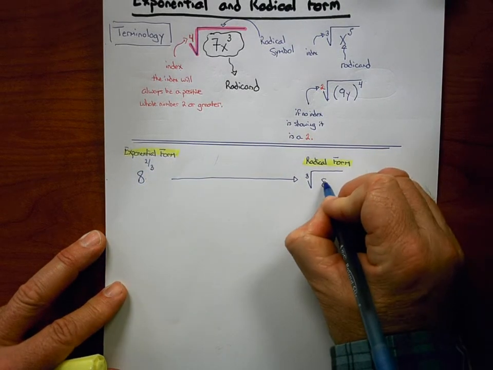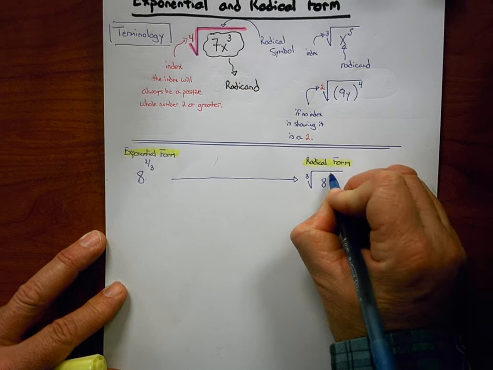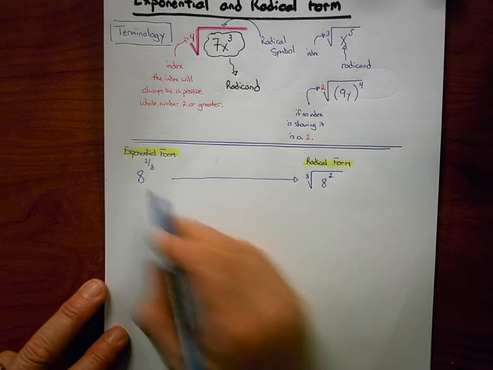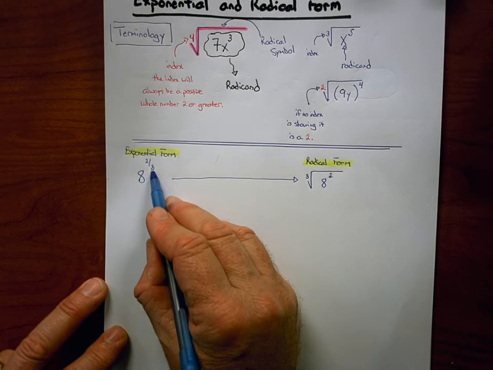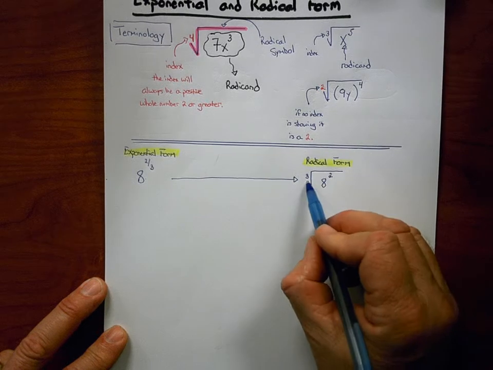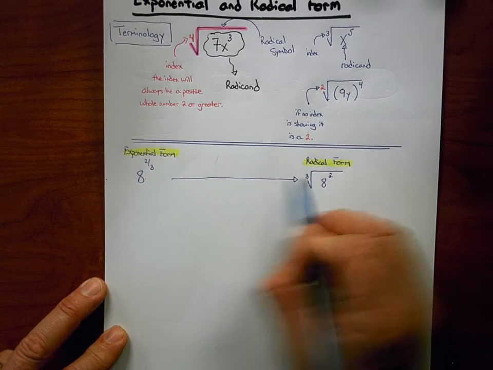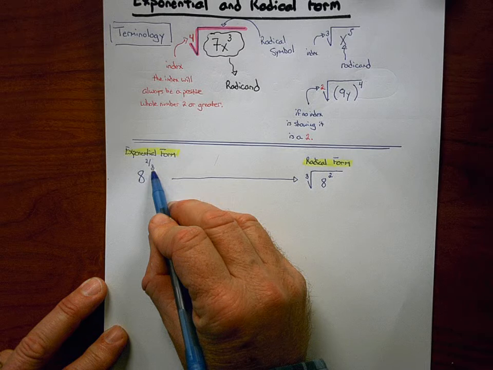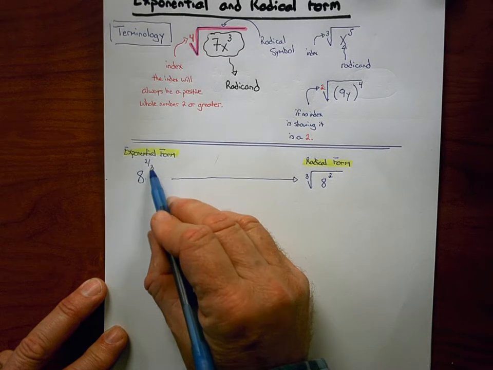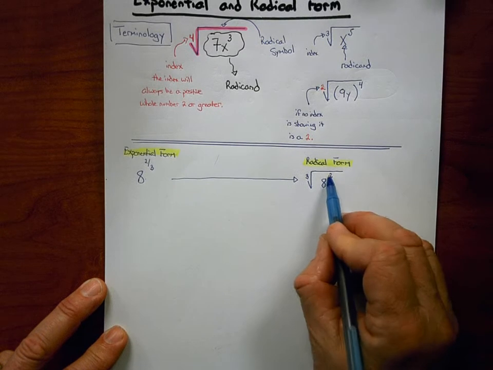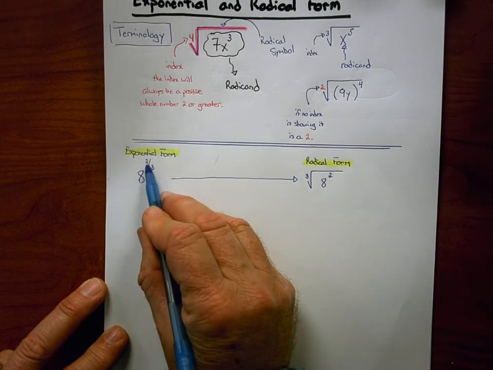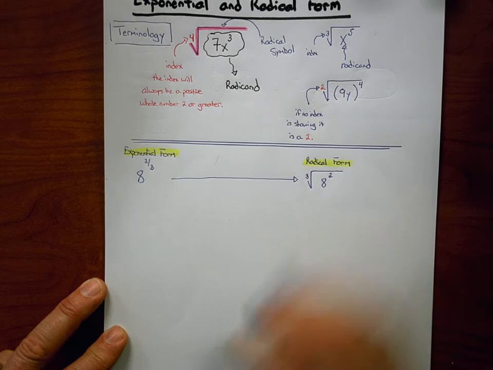So the radicand would become 8 to the 2nd power. Notice where the 3 came from: the denominator of the fraction, which was the exponent. The radicand was the base of the exponent, 8, with the numerator of the fraction, 2/3, as its power.